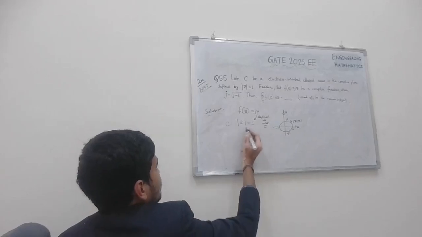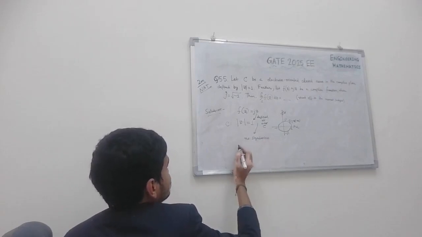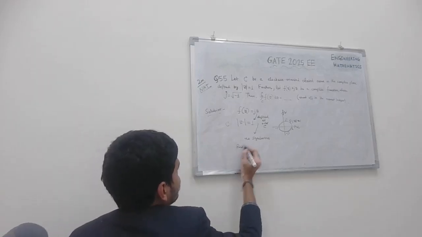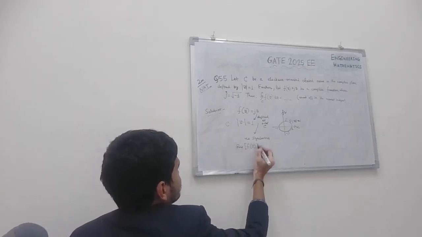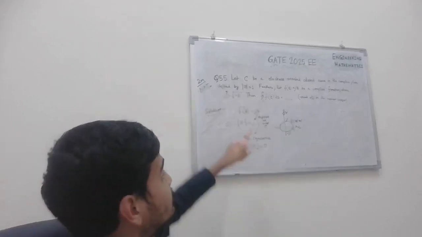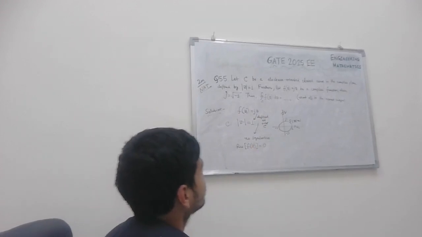No singularities. So the residue is equal to zero. There are no singularities of f of z inside this closed curve C defined by mod z equal to 1.